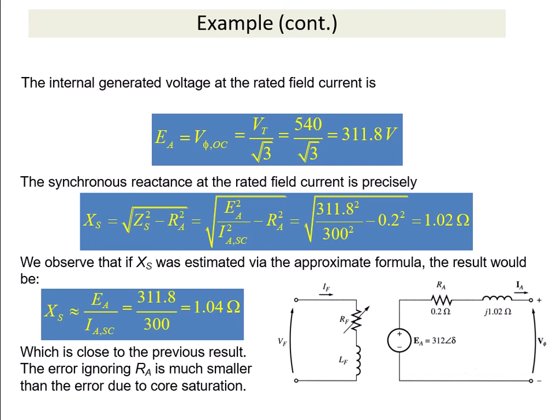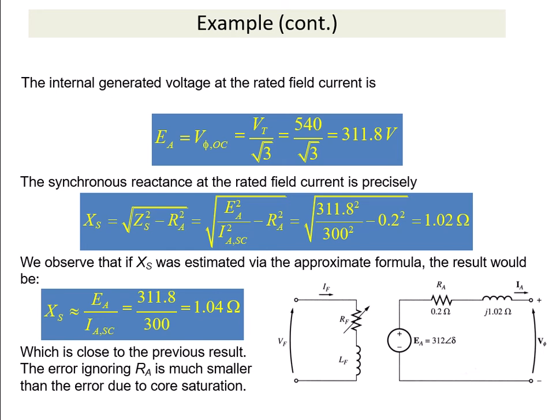We observe that if XS was estimated via the approximate formula, the result would be XS equal to EA upon IA short circuit. If we choose this, then we get XS approximately 1.04 ohm. So up to now we have got two things: one is the resistance, and the second is XS, which is close to the previous result.